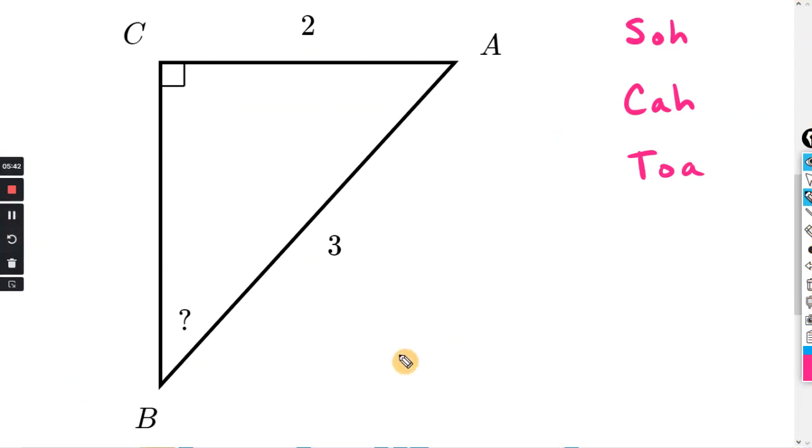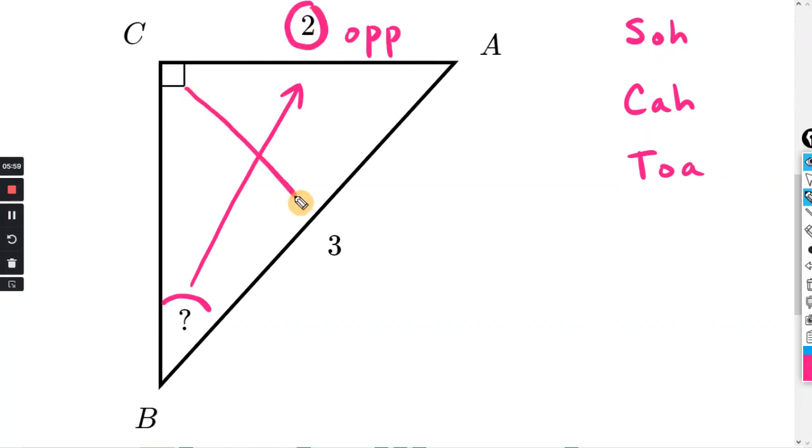All right, once again, you want to label the sides. So look at the angle that's being referenced with the question mark. You go across from that angle to the side, and that's going to be your opposite. You go across from the right angle, and that side length is going to be your hypotenuse.